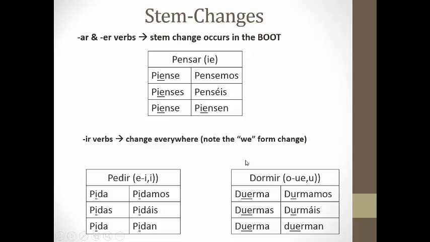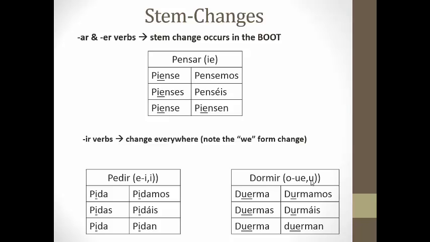But look at dormir. Dormir is an O to UE, comma U stem changer. Okay, let's look at its conjugation. The O is going to go to UE here in the boot. But here, outside the boot, it's just going to get this one letter change. Okay, so its conjugation is duerma, duermas, duerma, dormamos, duerman.